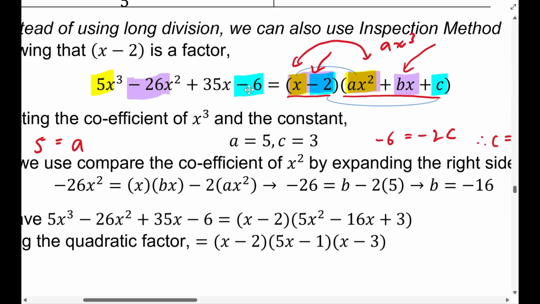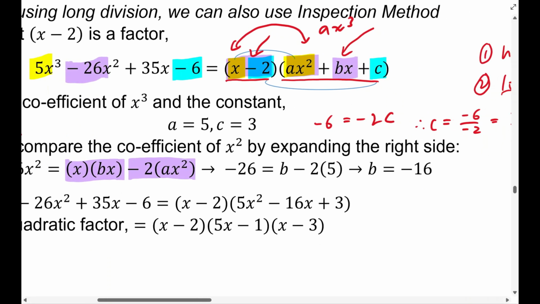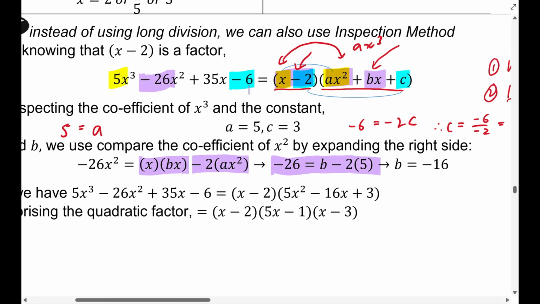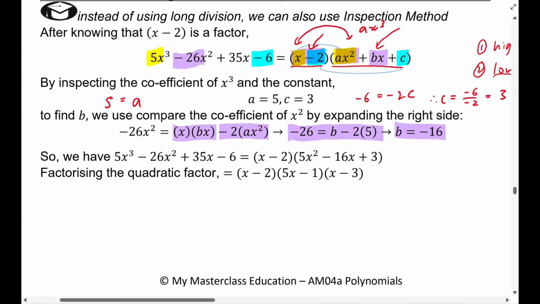That's why you have x times bx and then minus 2 times ax squared. That's how you get your x squared coefficient. So then you end up with minus 26 equals b minus 10, and then you get b equals minus 16. So now we have our a, b, and c values.